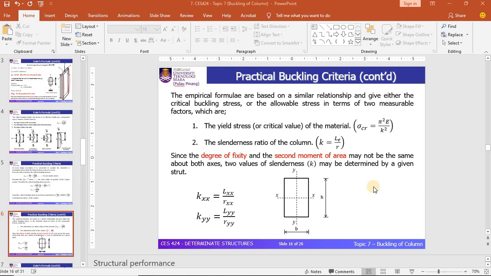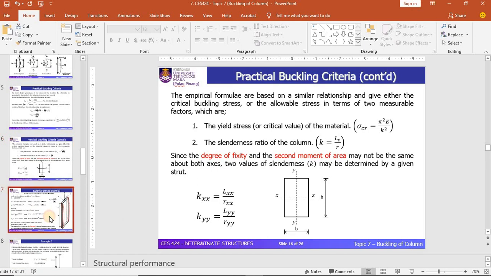So the slenderness ratio can be expressed as Kxx equal to Lxx over Rxx in the x direction, and Kyy equal to Lyy over Ryy in the y direction.